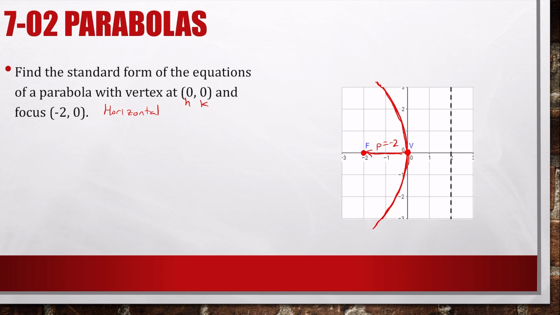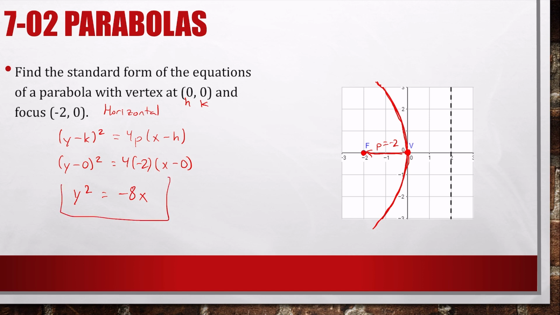So since it's horizontal, it is (y minus k) squared equals 4p times (x minus h). Or (y minus 0) squared equals 4 times -2 times (x minus 0) if I fill in the h, the k, and the p. Simplify, you get y squared equals -8x.